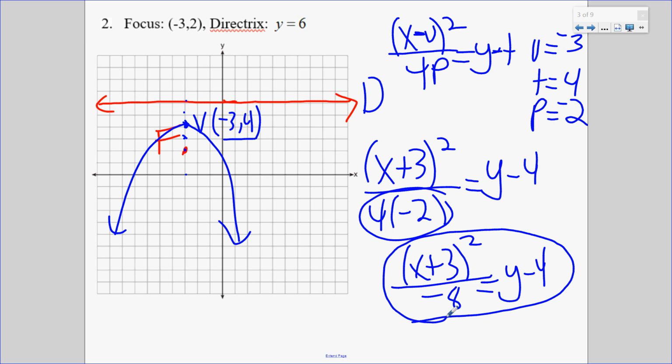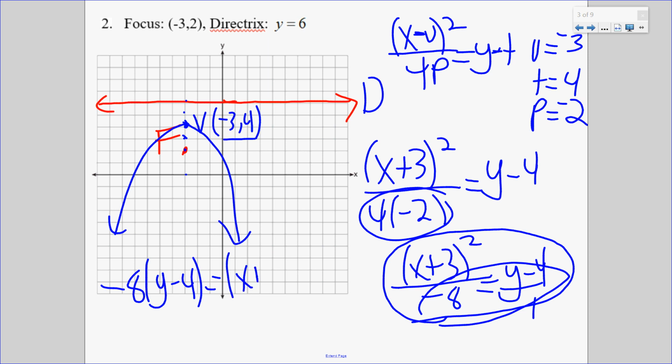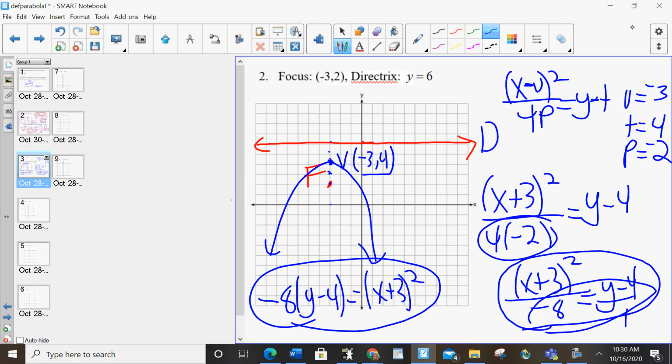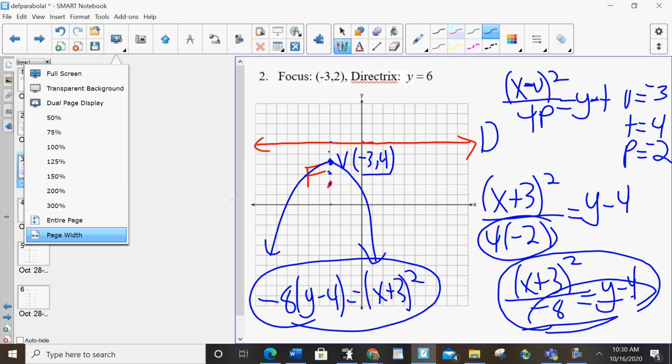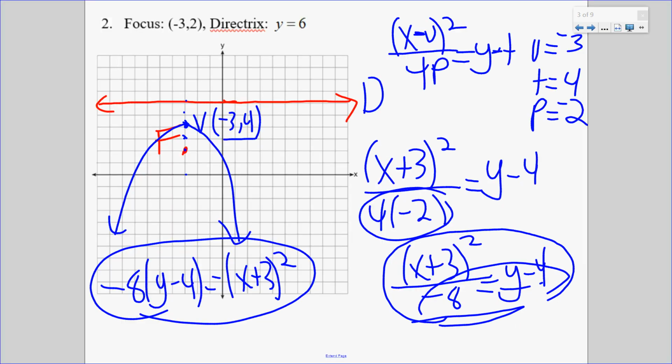However, if it's multiple choice, I might have to cross multiply. So if I cross multiply, I get negative 8 times (y minus 4) equals (x plus 3) squared. Or isolate y. You might have to isolate y. So if I were to isolate y, I would just add 4 to both sides.